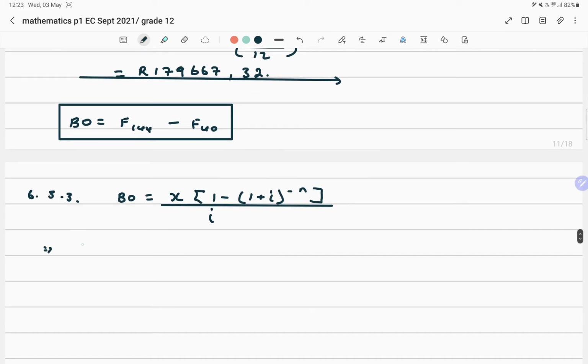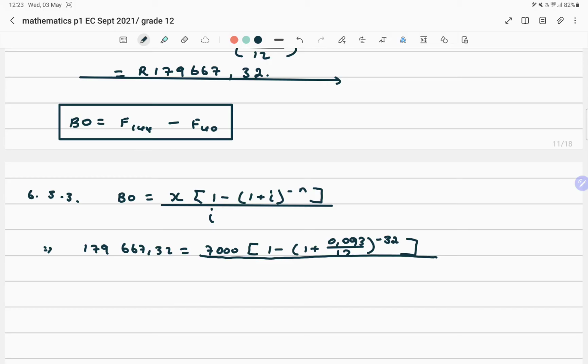And then we realized that that balance outstanding was 179,667.32 equals, now we want to pay 7,000 instead, into 1 minus 1 plus same interest. But now after the 40th, remember we're going to pay for 32 terms. Okay. All right, so 0,093 divided by 12.